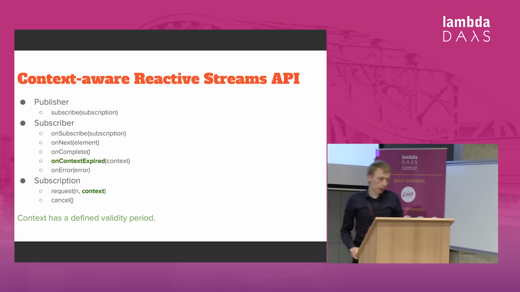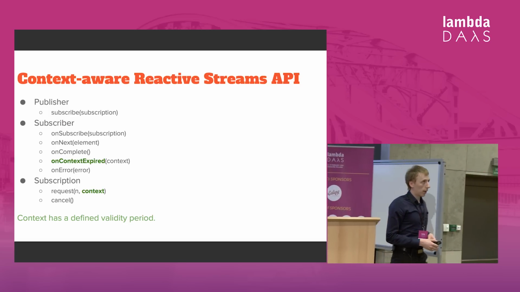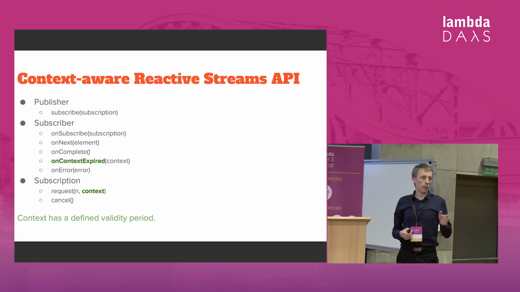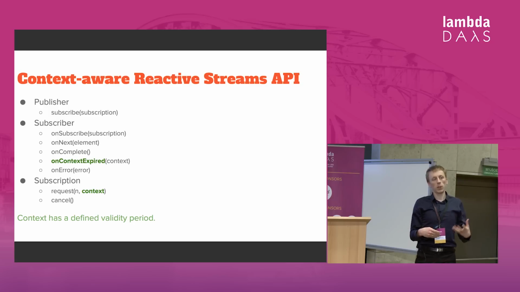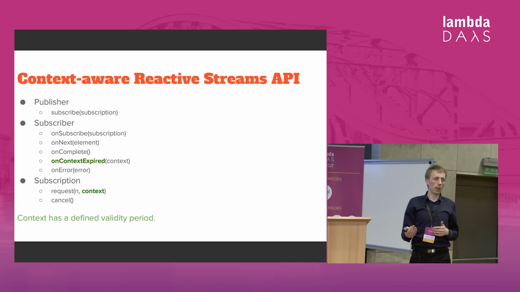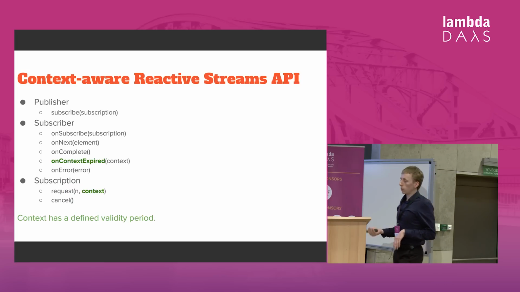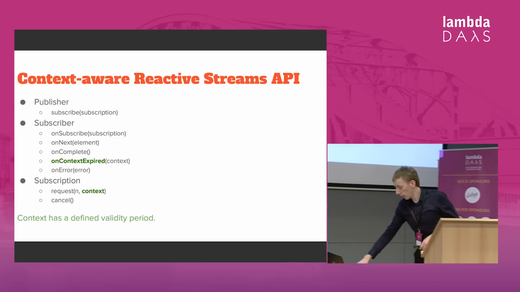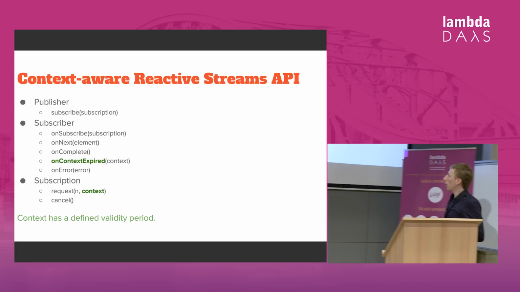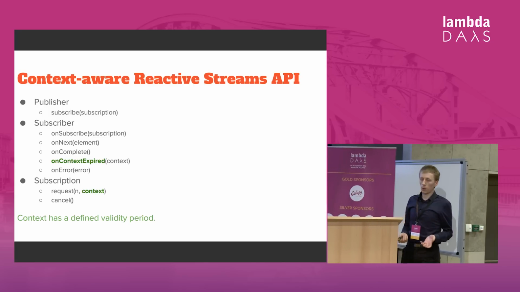Reactive streams are a very explicit API. When there's an error on the stream, there's an explicit method to tell you there's an error. Nothing is hidden, and with this concept everything should be handled explicitly by the user. So what I added to this API is also a method that allows the programmer to explicitly handle this information. The subscriber can react to the expired context.